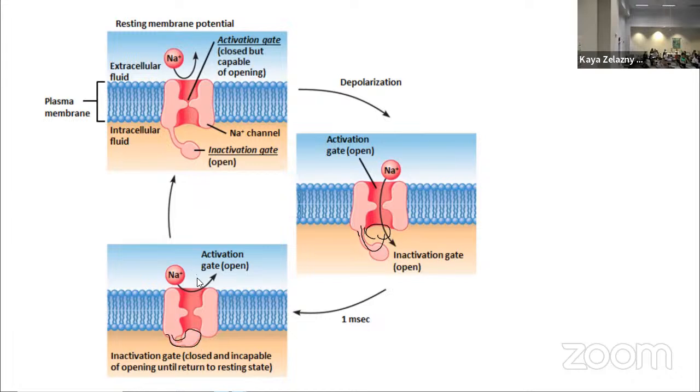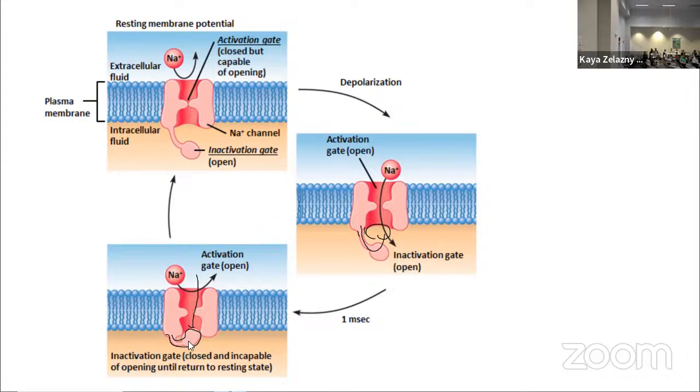So sodium can't move through, but actually at this point in time, our activation gate is still open. So as we're repolarizing, our activation gate may still be open, but we're not going to have sodium moving through because this inactivation gate has closed the other side of this channel, right? So it's blocked the further progress of the sodium across this membrane.